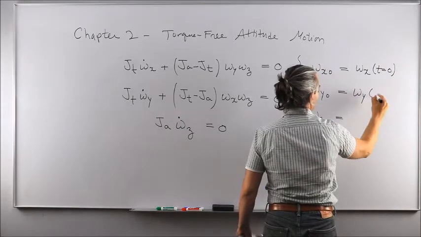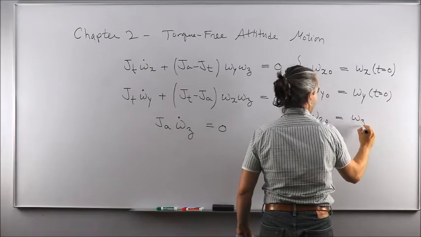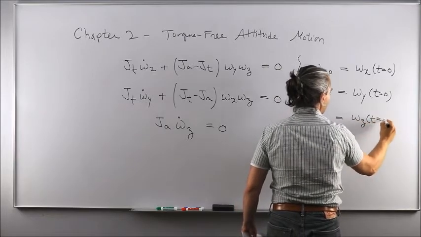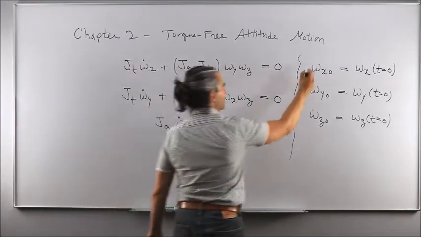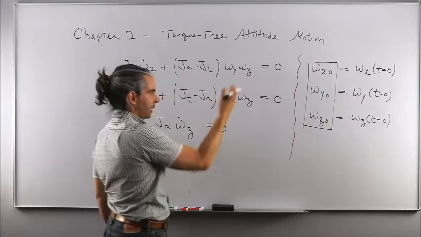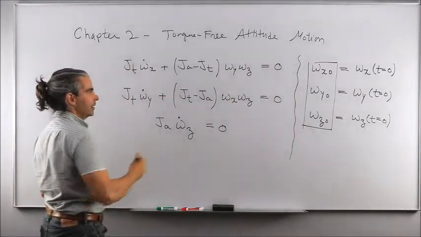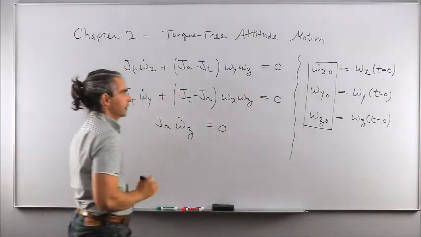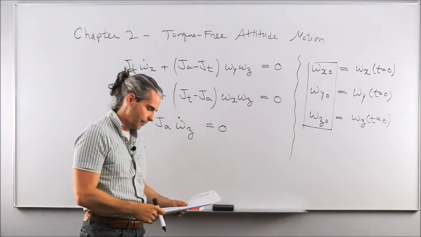This is going to be the same as omega y at t equals 0 and omega z at t equals 0, okay? So what will be the motion when this holds true and they are different than 0, when the rigid body is an axisymmetric body, and when there's no torque applied to it? What would the motion look like is the objective of this chapter, okay?